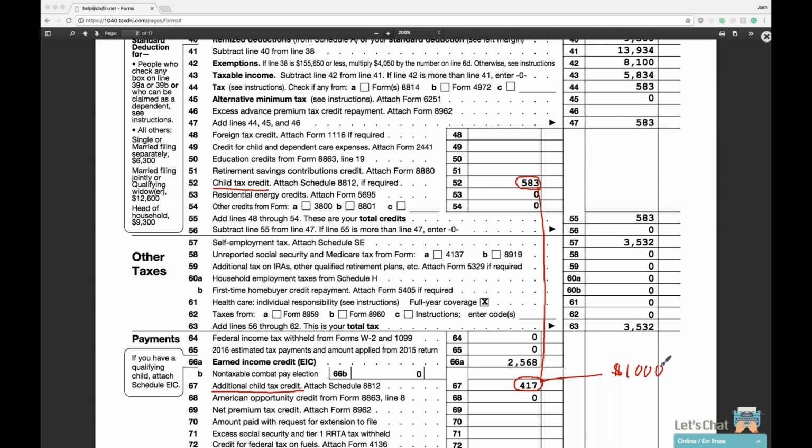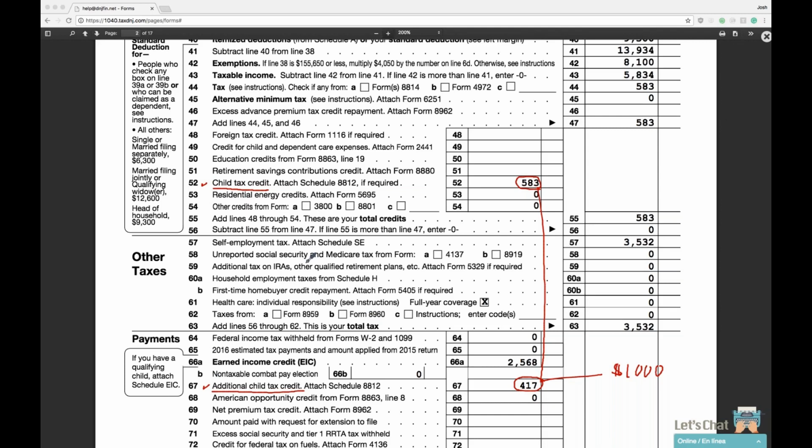There's your $1,000. But part of it is not going to be refundable. Part of it is going to be refundable, based on your income. So you have your child tax credit right there, and you have your additional tax credit. Because the customer's like, well, where's my $1,000? They told me $1,000. You got $1,000, but part of it is not refundable.